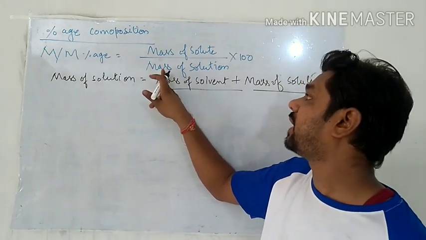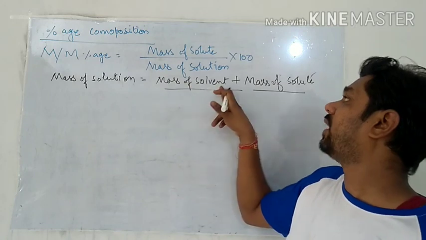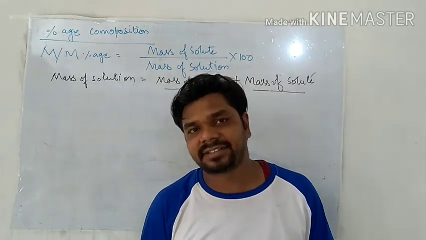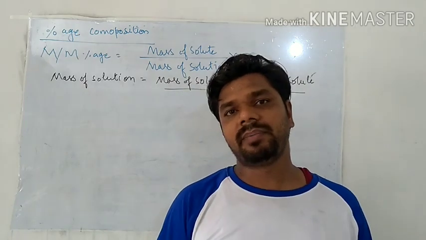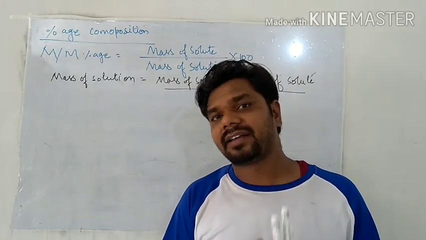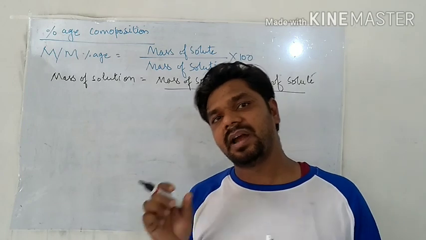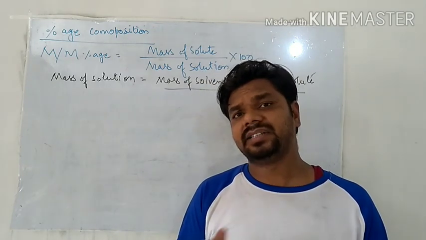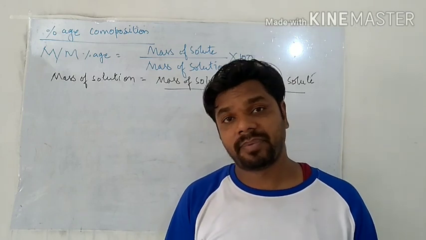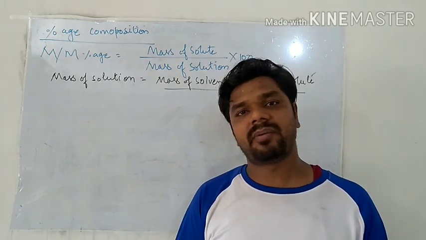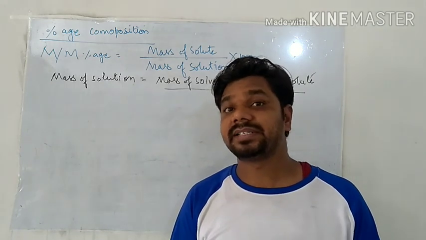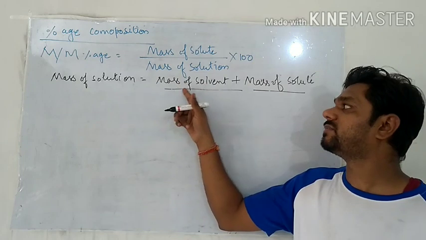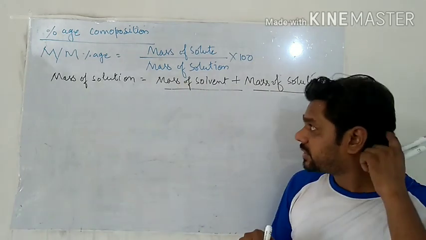Because the formula says that mass of solution is equal to the mass of solvent plus mass of the solute. So in that case, the mass of solution will be 110 grams, because mass and mass are the same units, and that's why they will be summed up. Mass plus volume cannot be added up, but mass plus mass can be. So here you need to pay attention. Mass of the solution is always mass of solvent plus mass of solute.